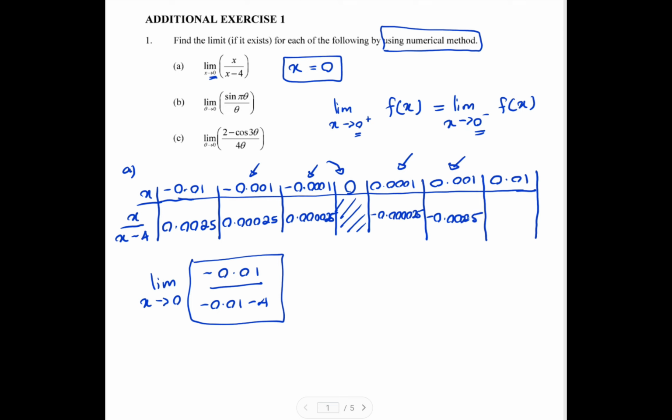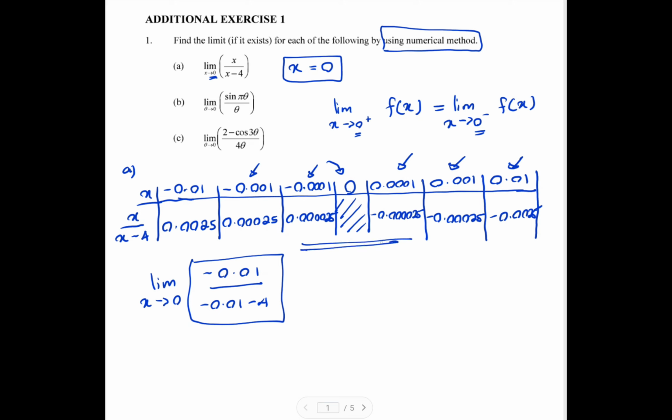Sorry, the other one, 0.025. And then the last one, when we substitute 0.01, we get negative 0.0025.